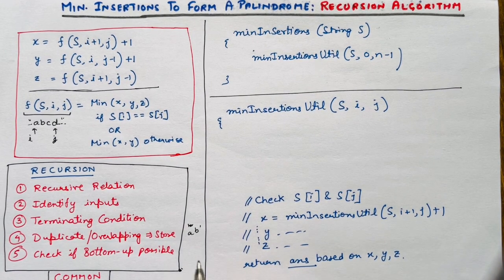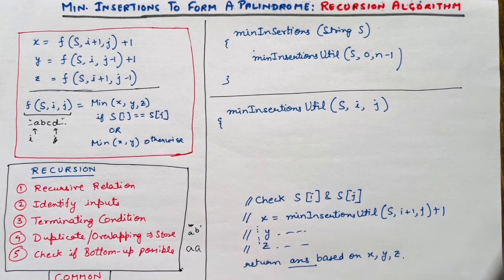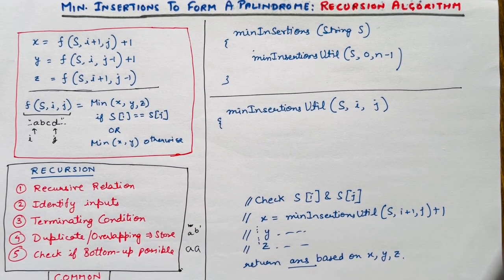And if it is already AA, then we don't need any character to form a palindrome. Therefore, if the substring is of length 2, then we will need either 0 or 1 depending on the substring given. So therefore we can write the base condition.